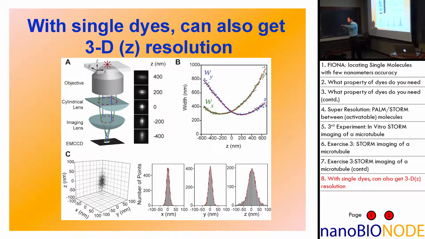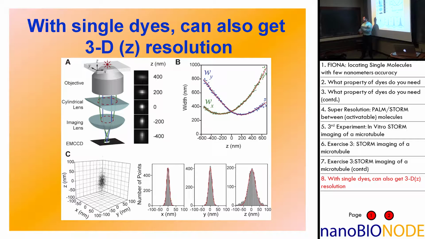Let's say you took the fluorophore and you moved it in the other direction. Then, in fact, you see the same thing, but the X direction now gets large and the Y direction doesn't change.